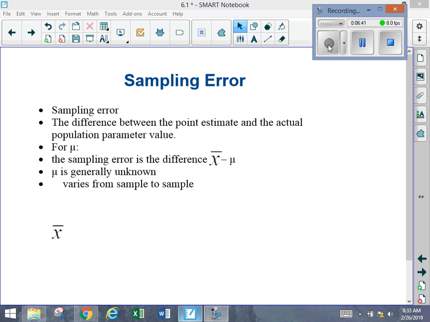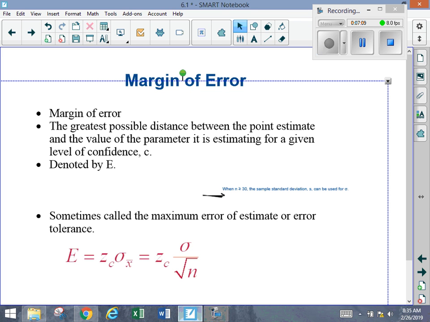So our sampling error is the difference between our point estimate and the actual parameter value. In other words, it's saying, hey, how far off from the mean is this sample mean that we got, right? However, we usually don't know the mean of the population, so this isn't something that we're going to actually use. All right, this is actually quite important.